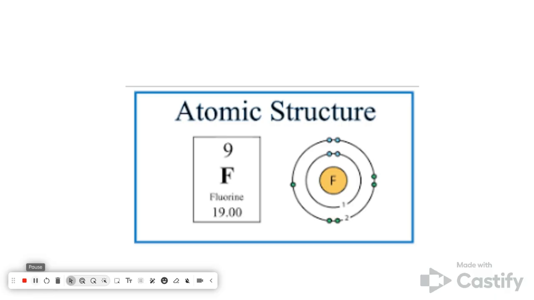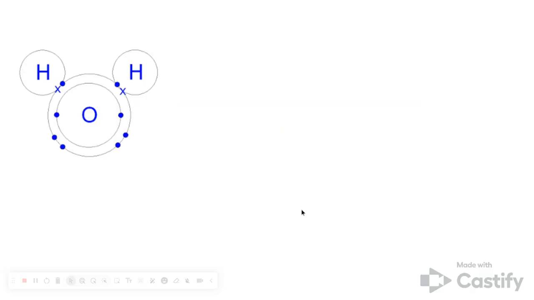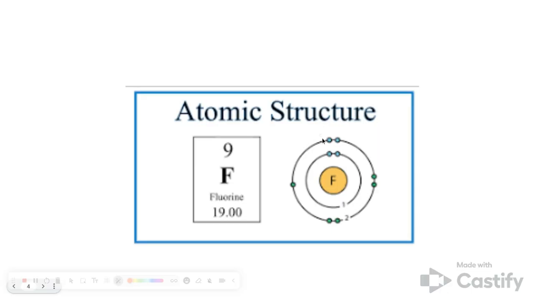So why don't you try it yourself? Here's fluorine. There's the Bohr model. What do you think the dot diagram would be, the Lewis dot structure? And if you need more time, pause the tape. But you can see the valence electrons on the last shell, we have 1, 2, 3, 4, 5, 6, 7.